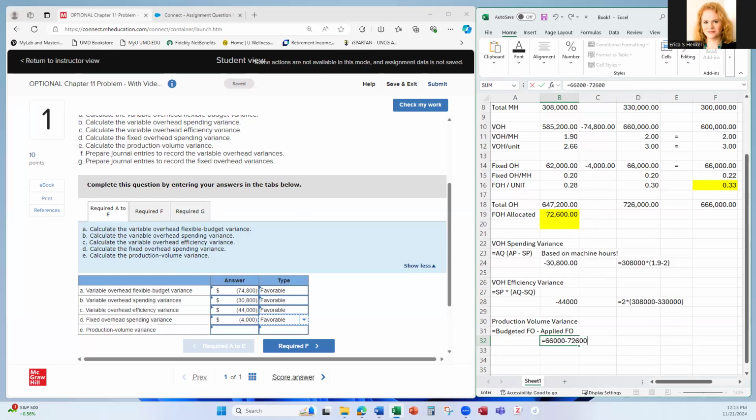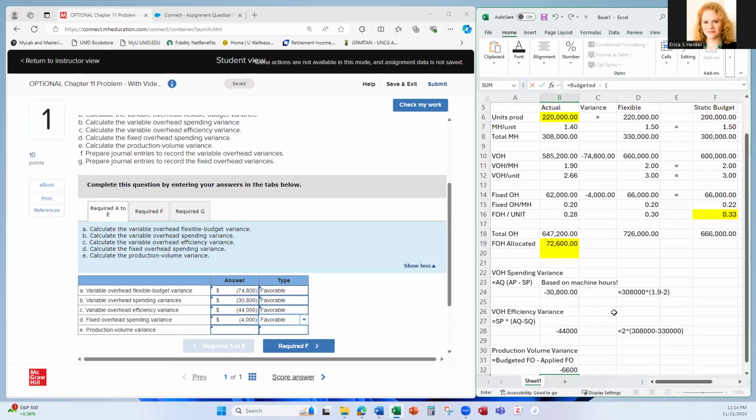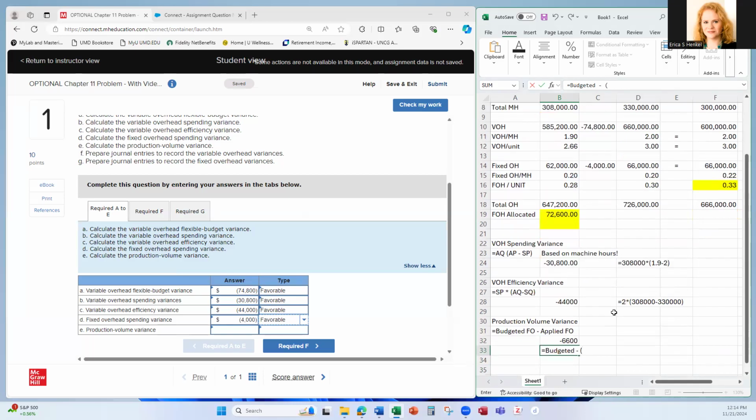All right. Now, this, by the way, is not on the worksheet, but budgeted minus actual production, times the fixed overhead per unit.